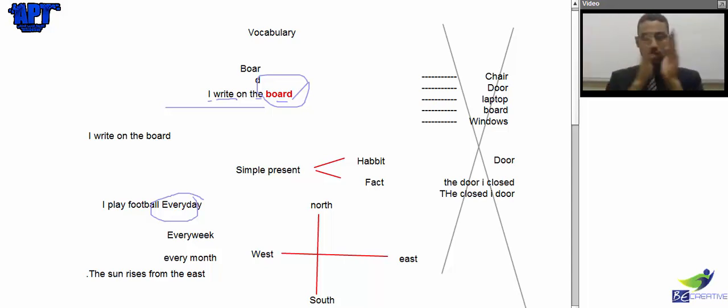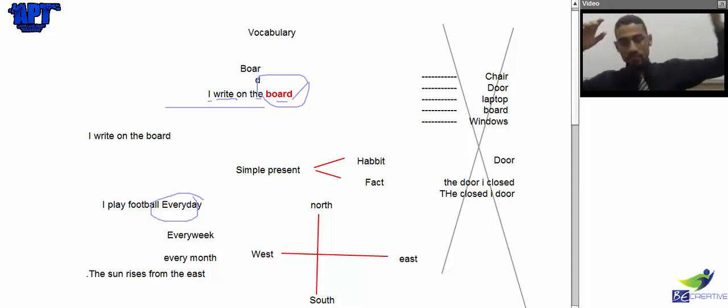So, when we talk about the sun, it rises from the east. It rises from the east and sets in the west.